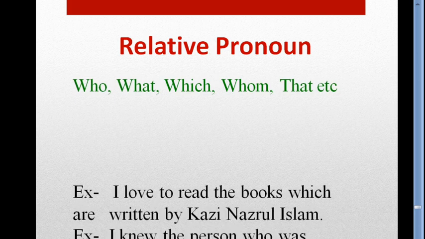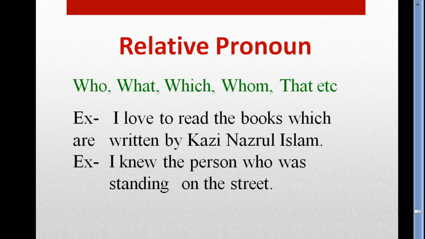Let's see the example. Example number 1. Look at the example very carefully, attentively. I love to read the books which are written by Kazi Nazrul Islam. আমি ওই বইগুলো পড়তে পছন্দ করি যেগুলো কাজী নজরুল ইসলামের লেখা। So this is the use of relative pronoun.